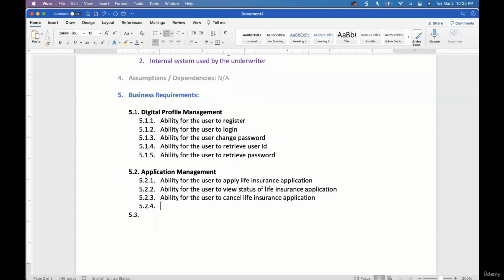Then the next kind of business requirement I have is account management. And the first requirement underneath here for accounts management is ability for the user to pay premium.